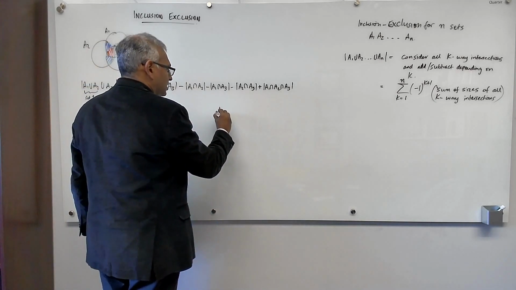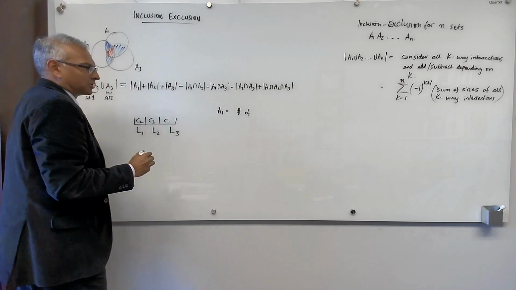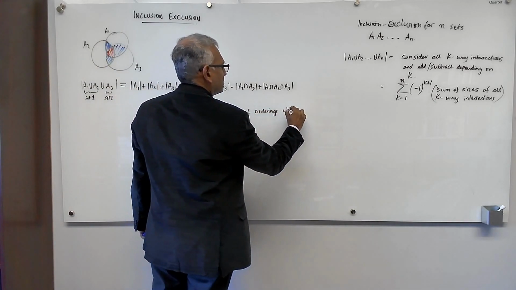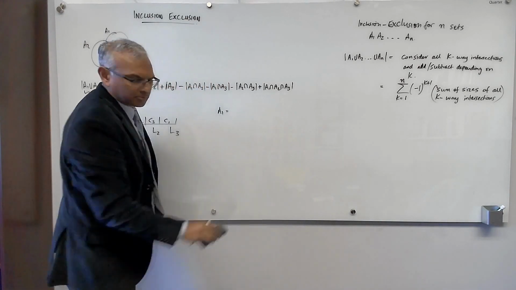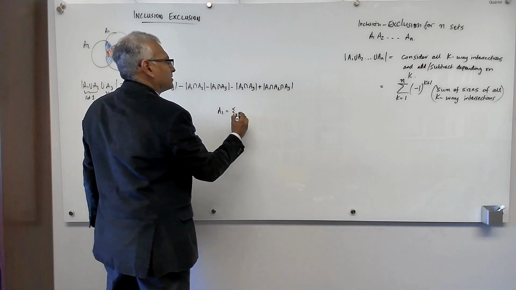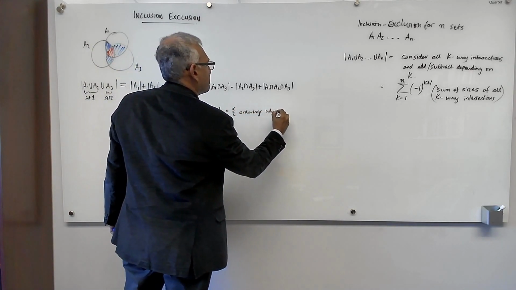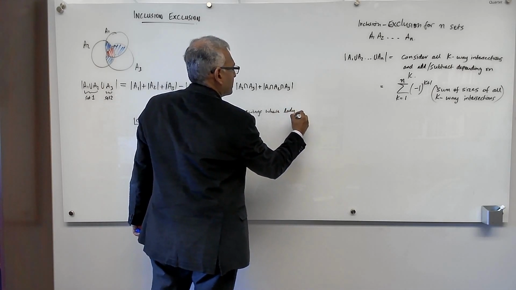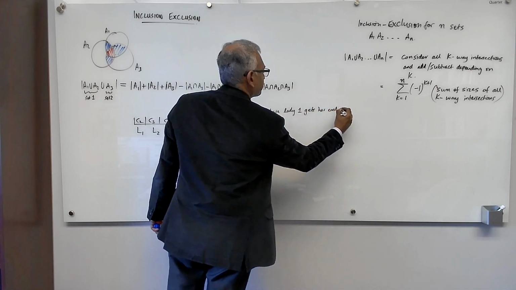Let us define A1 equal to the orderings where lady 1 gets her coat.